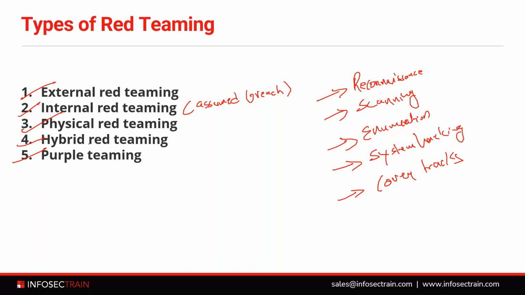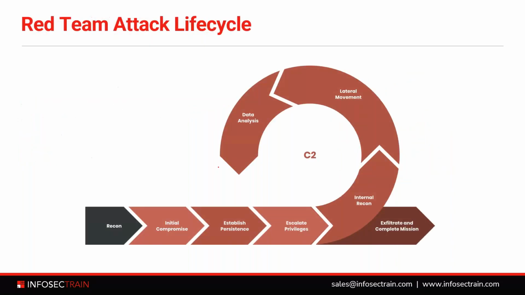Now in red teaming, how does it happen? The first thing that you have is reconnaissance again, in the red team attack lifecycle. So you will gather information about the target organization passively or actively, right? So there are two ways of gathering information, passively or actively.